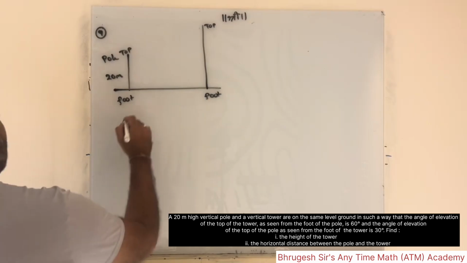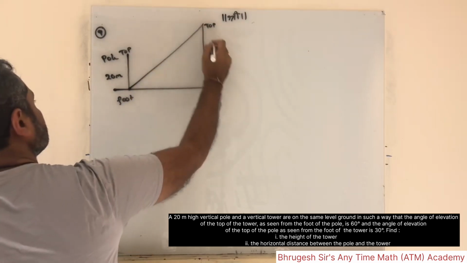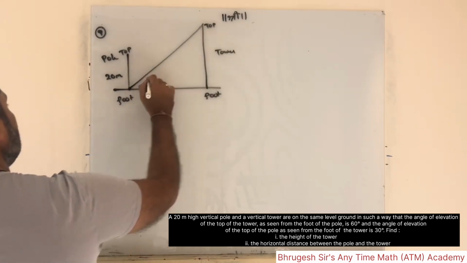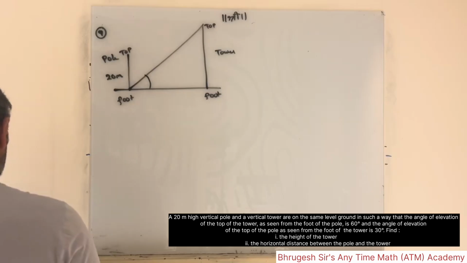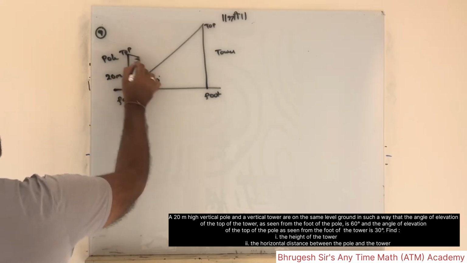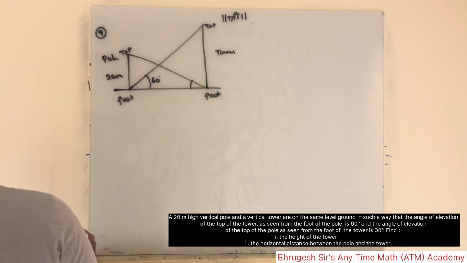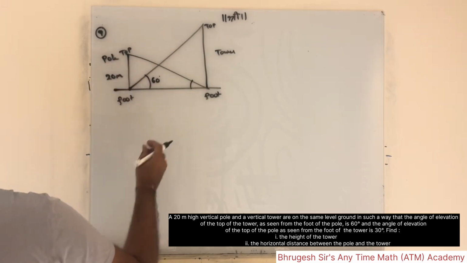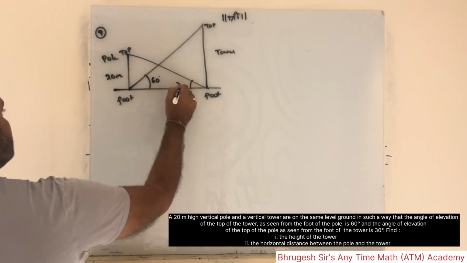The angle of elevation of the top of the tower as seen from the foot of the pole is 60 degrees, and the angle of elevation to the top of the pole as seen from the foot of the tower is 30 degrees.